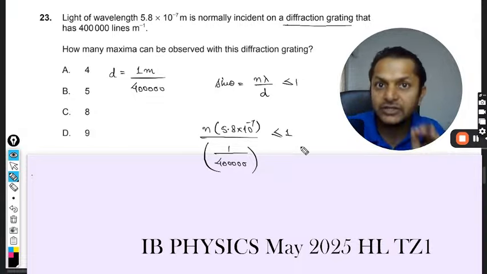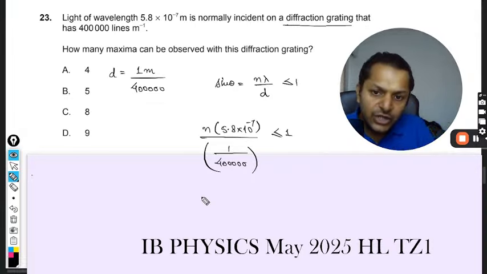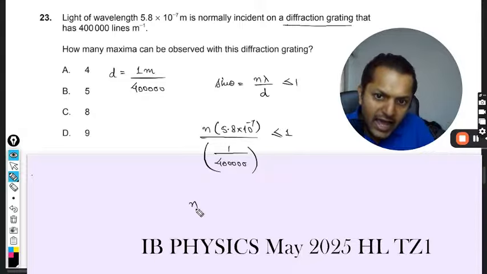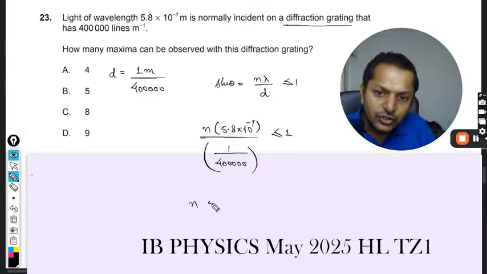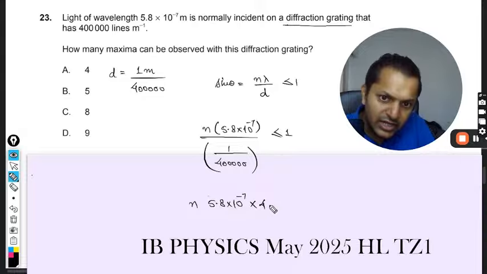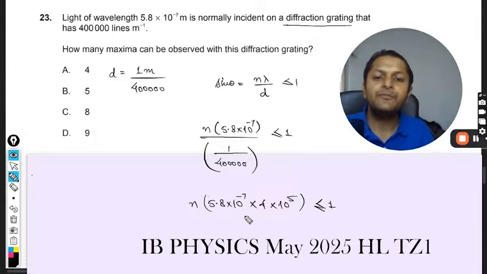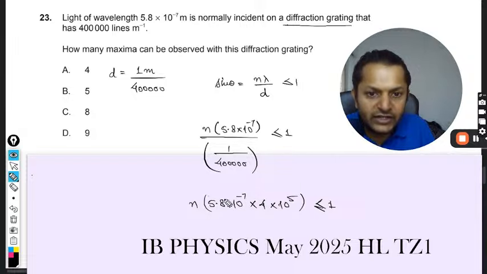We want to comment on the value of n. Now this fraction, we are just going to create a reciprocal there. So it will become n times 5.8 × 10^-7 into 4 × 10^5, less than or equal to 1. And we have to find the value here.